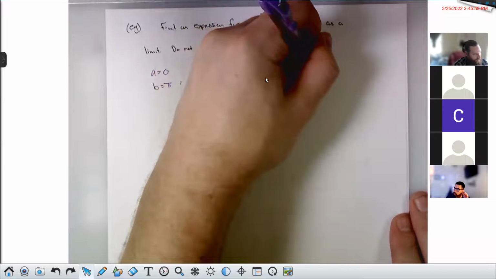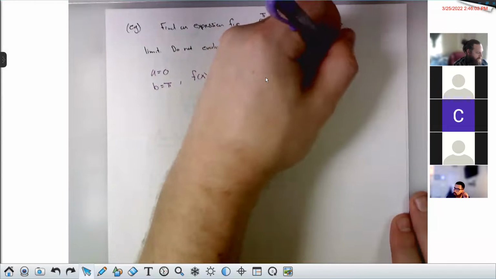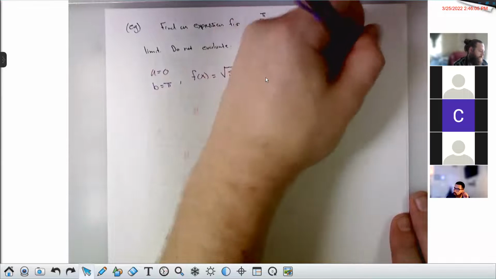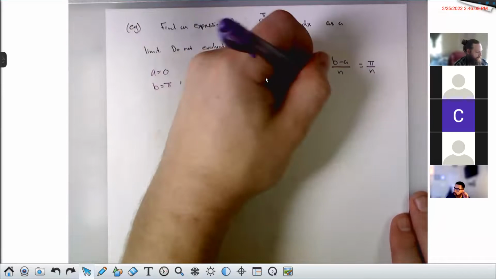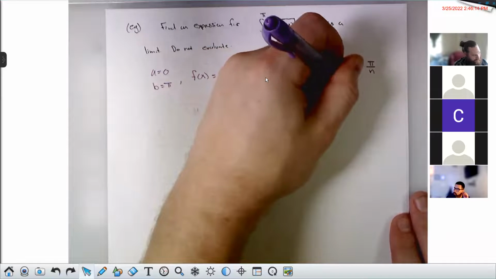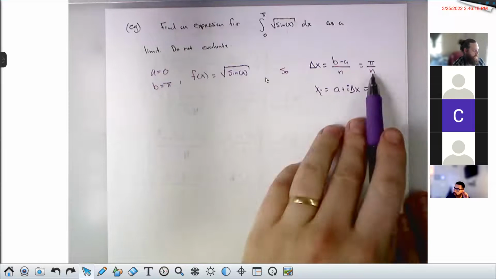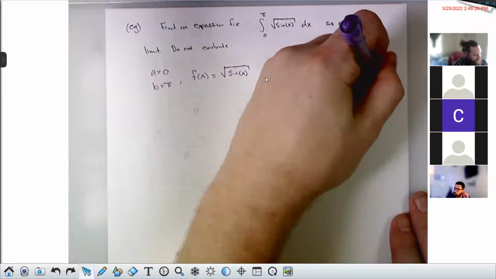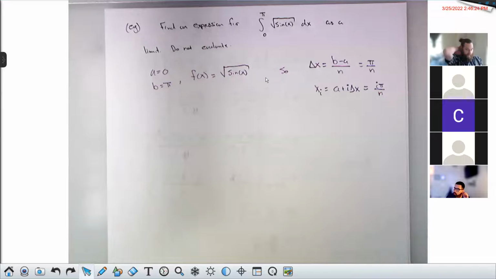So I can calculate my delta x as b minus a over n, which is going to be pi over n. The xi's are always a plus i delta x. A is again 0. Delta x is pi over n, so this is i times pi over n.